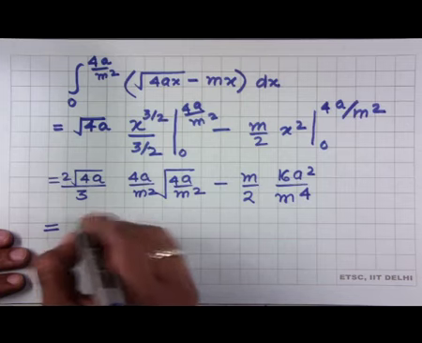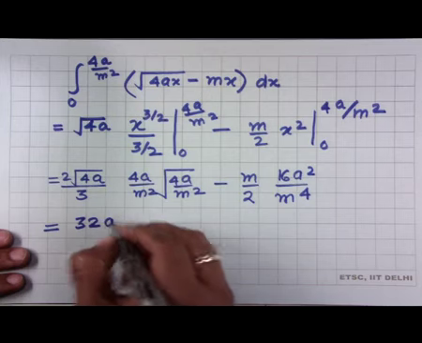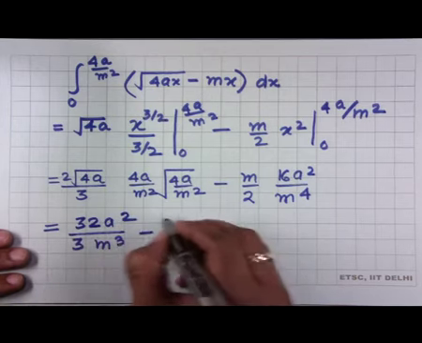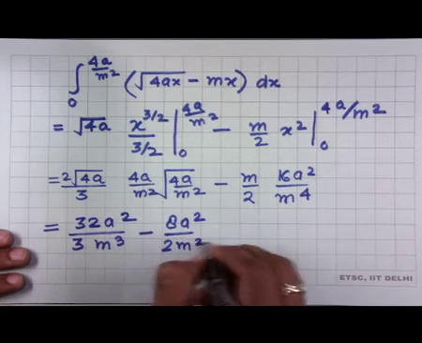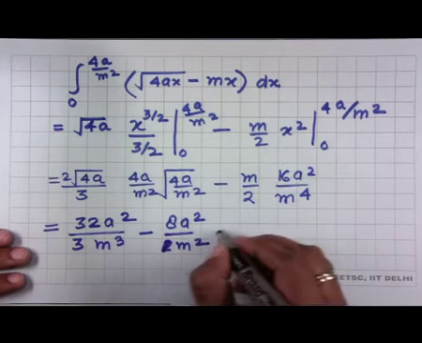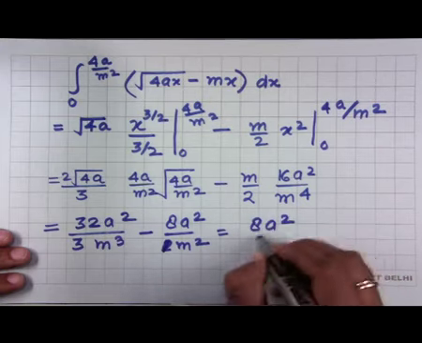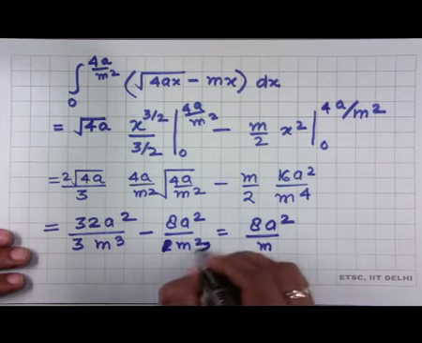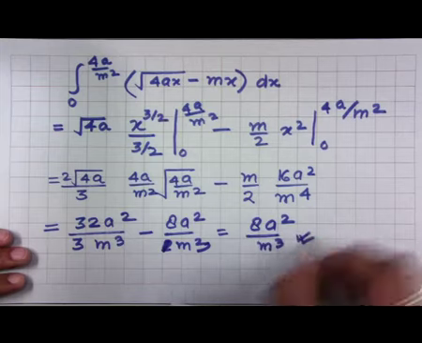So, we get 32a square by 3m cube minus 8a square by m cube. So, 8a square by m cube is the final answer.